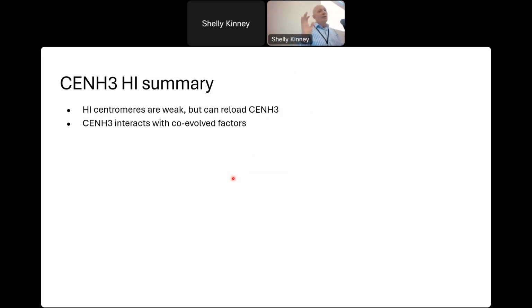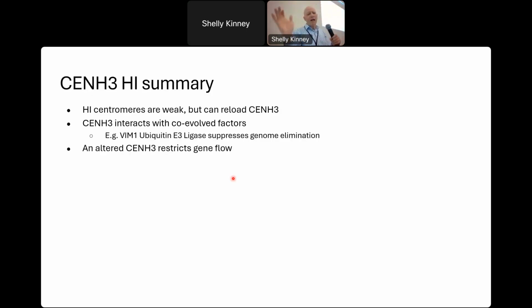Here is another concept I want to introduce. SNH3 necessarily interacts with factors that co-evolve. If SNH3 changes rapidly, then whatever interacts with it has to change rapidly as well. We know that kinetochore proteins evolve very rapidly. There are factors that we have discovered that affect this response. Here is a consideration from an ecological point of view.